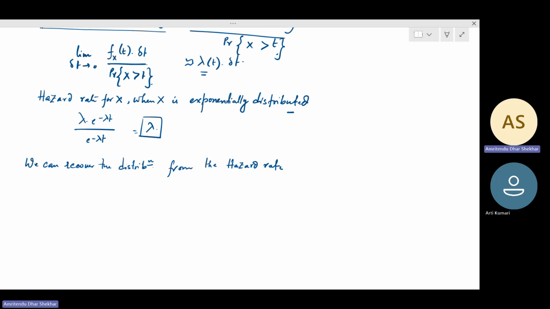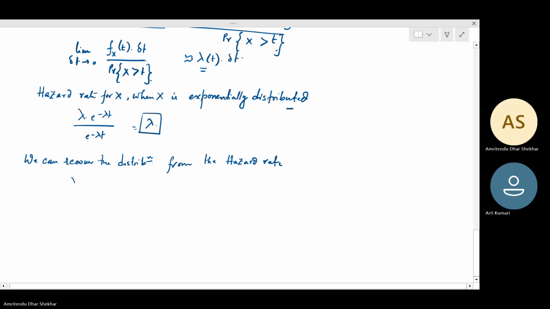How's that? So the hazard rate lambda t is the density function divided by the survival function, so you can write it as f dash t by 1 minus F t.